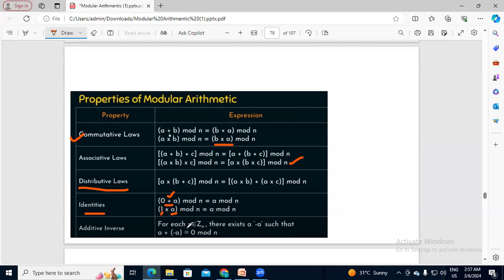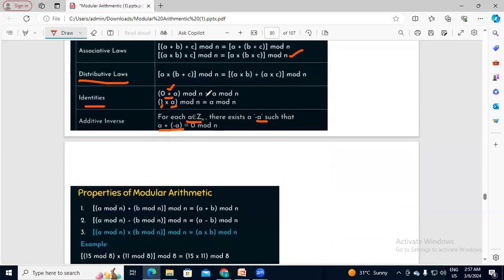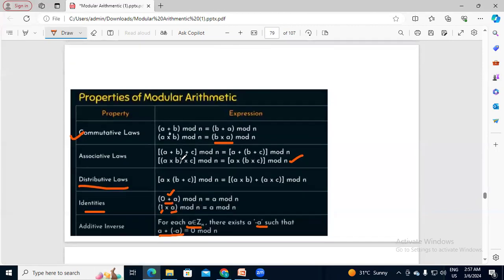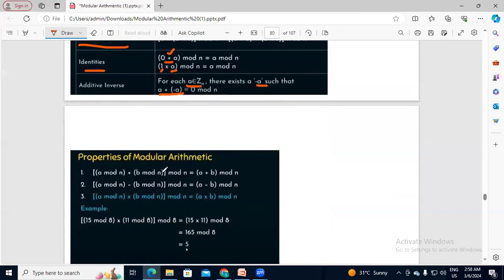For each A belonging to Zn, there exists a minus A such that A plus minus A is congruent to 0 mod n. Whenever this is used, we will throw light on it again. But I hope these laws are clear to you.